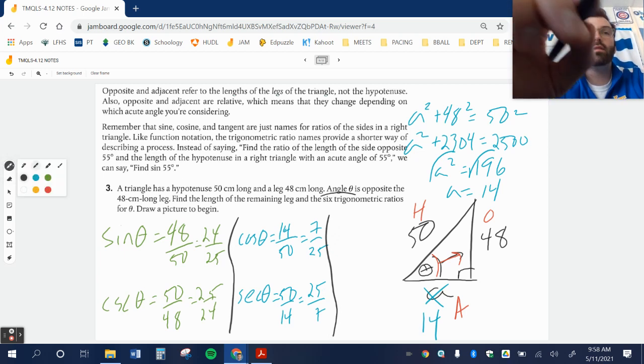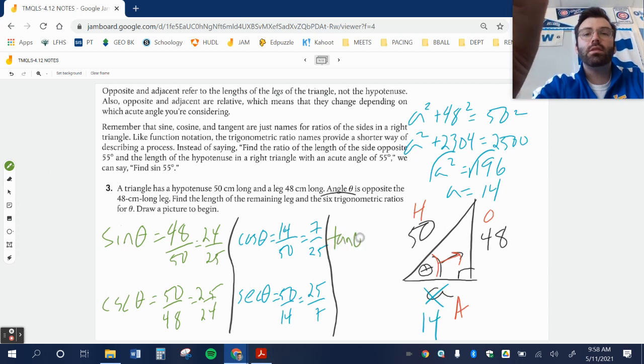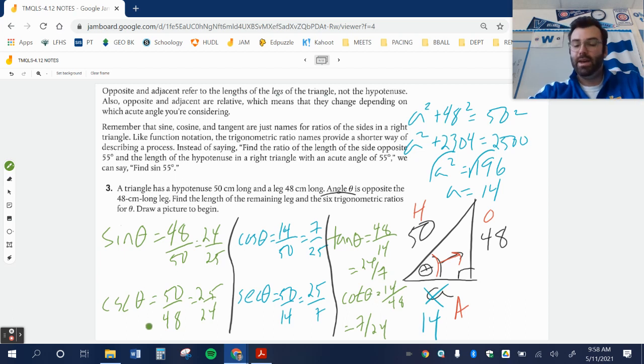Lastly, I have tangent of theta, opposite over adjacent, 48 over 14, which equals 24 over 7. Holy buckets, this is so much fun. Cotangent of theta would be 14 over 48 then, which is 7 over 24. So anytime they ask for the 6 trig functions, I just like to line them up like this. I know that sine goes with cosecant, cosine goes with secant, tangent goes with cotangent. And that helps me a lot.